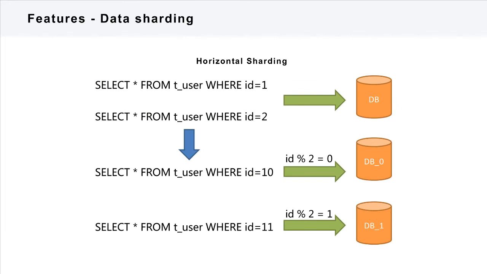Horizontal sharding categorizes data into multiple databases or tables according to some certain rules through certain fields, with each sharding containing only part of the data. For example, according to the ID field of the user table, take sharding with a mod algorithm, the event ID is put into DB0 and the order ID is put into DB1.